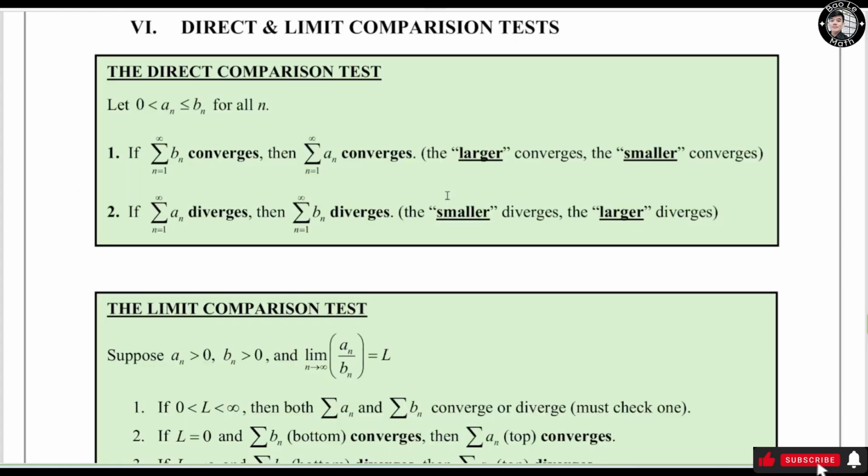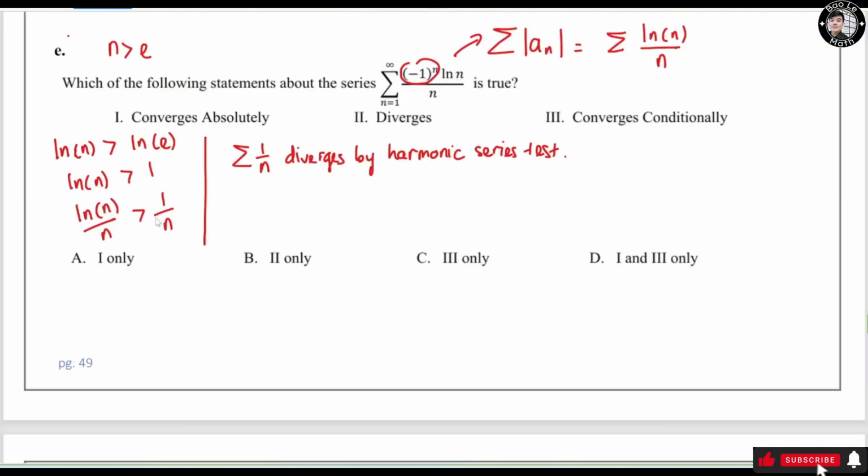So then by direct comparison test, the smaller diverges, the larger diverges, right? Then you can conclude that the series of ln n over n when n goes from 1 to infinity diverges by direct comparison test.